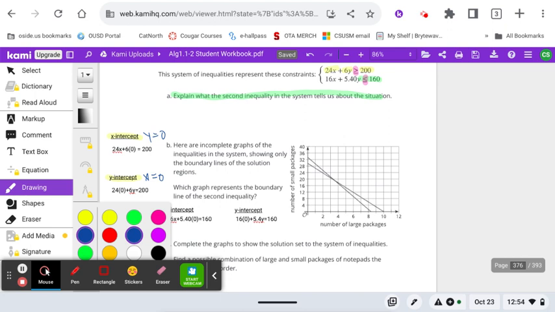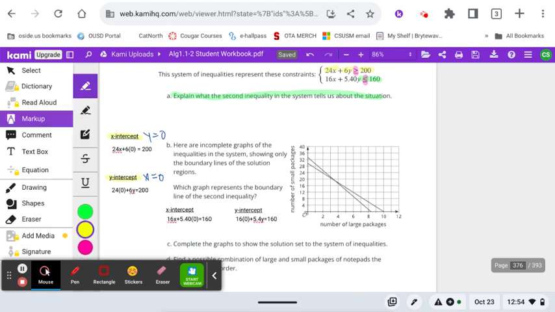choose the correct line. Then for the second inequality, you'll notice right here I started the work of doing the same thing. Go get the x-intercept of this bottom one, and then go get the y-intercept of this bottom one, and then hopefully you can identify which line goes with that.